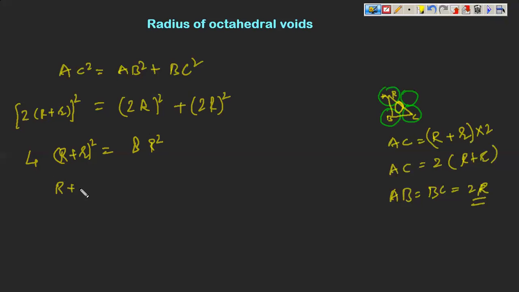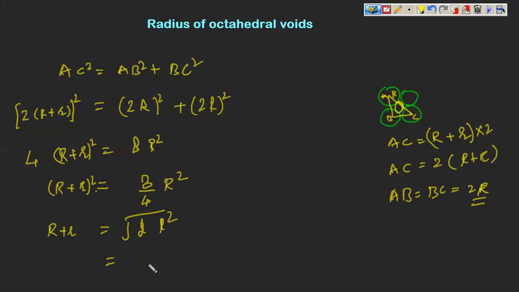Capital R plus small r whole square is 8 upon 4 capital R square. 8 upon 4 is equal to 2R square. Just remove the square and it will be a square root. Capital R plus small r will be a square root.